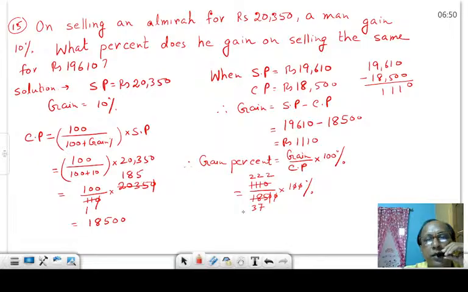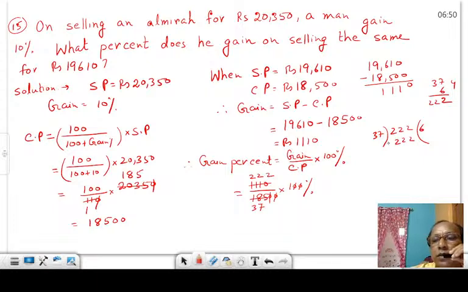That is, we are getting 222 by 37. Now you have to divide this 222 by the number 37. Let us divide it by 6. 6 37s are 222. So we are getting 6%.